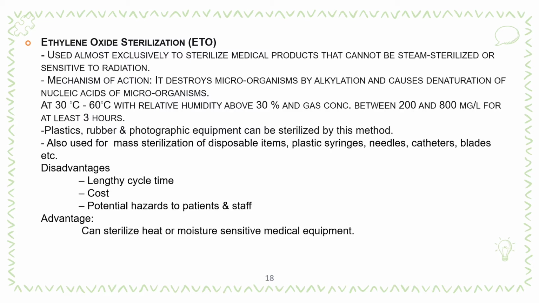It's used for plastic, rubber, photographic equipment, and disposable items such as plastic syringes, needles, catheters, blades, and things like that. Disadvantages of this method are the length of the sterilization cycle, cost, and potential hazards.